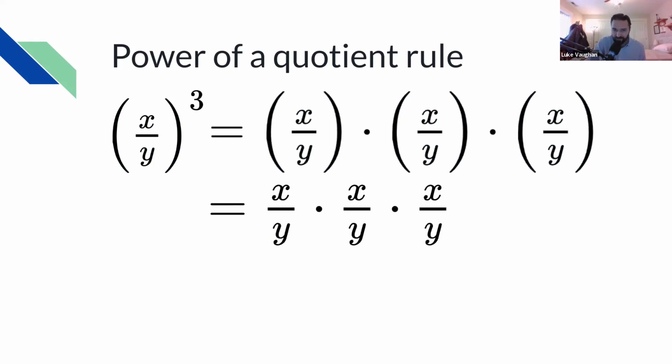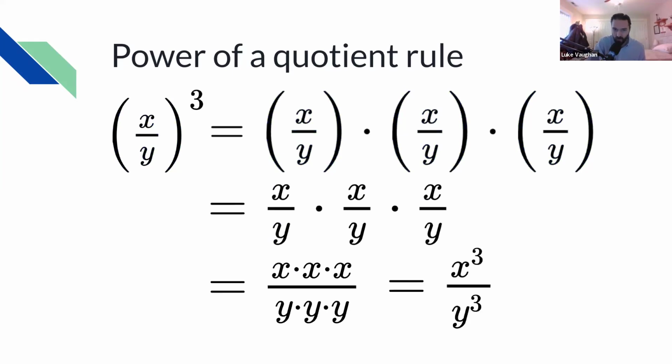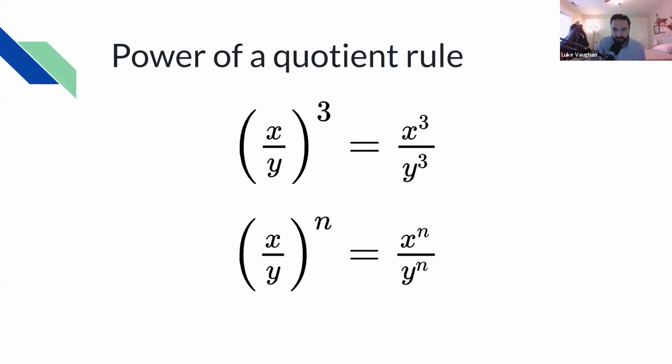So whenever we have that, we need to multiply the numerators and multiply the denominators. This gives us x cubed over y cubed. So the power 3 is being applied to the numerator, and it's also being applied to the denominator.